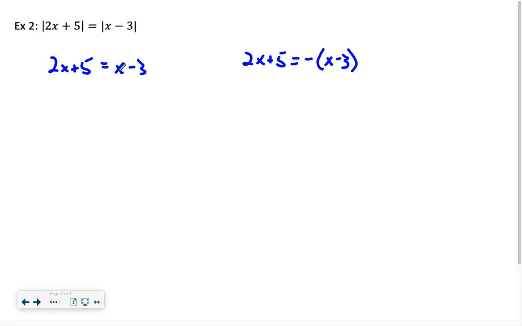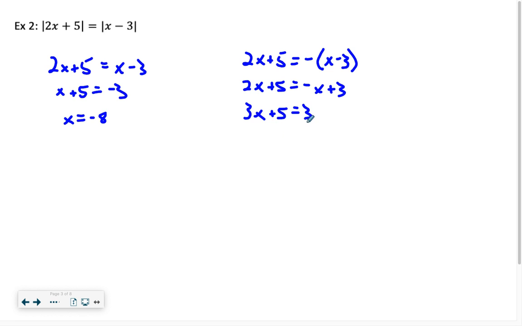So to solve the first one, I can subtract x over, subtract 5, get x equals negative 8. And then here, I can first distribute this negative sign over here. So we'll get negative x plus 3. Then add x over, subtract 5, and divide by 3. And we get two answers.